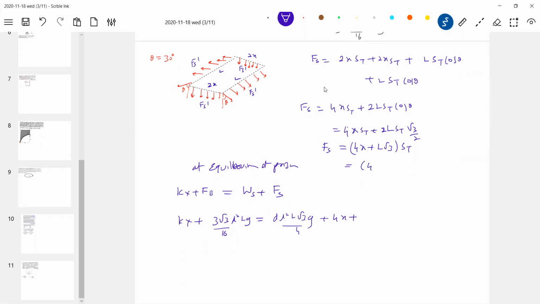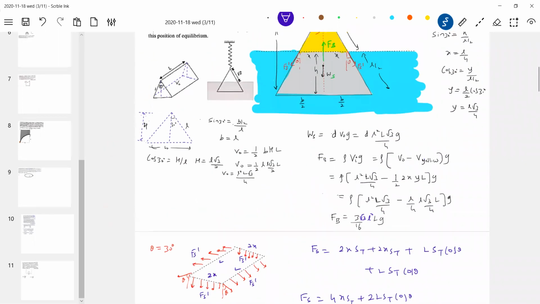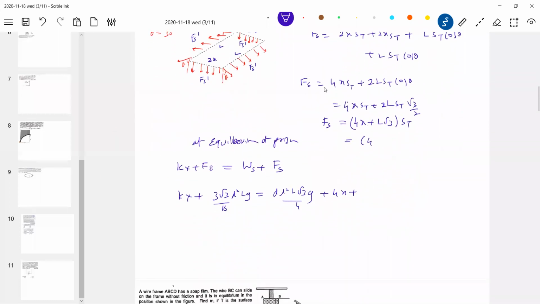X, I think we calculated somewhere, no? L by 4, yes. So this will be L by 4, L root 3 into surface tension. So this will become L plus L root 3 into surface tension.